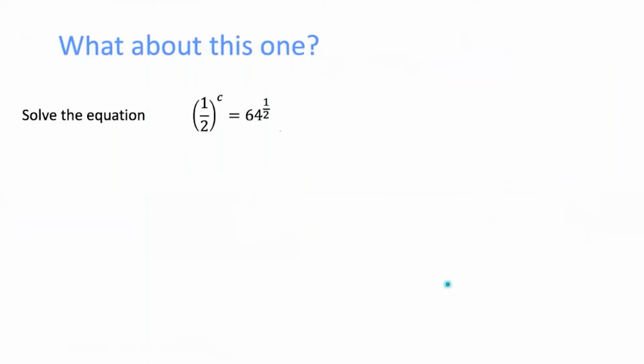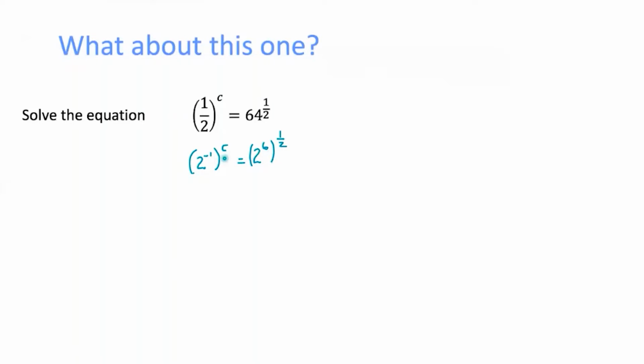Now what about this one? Can we get both sides with the same base? So if we want to use the one-to-one property, we get both sides with the same base. So you'll remember that 1/2 can be written as 2 to the negative 1, and the 64 can be written as 2 to the 6th.